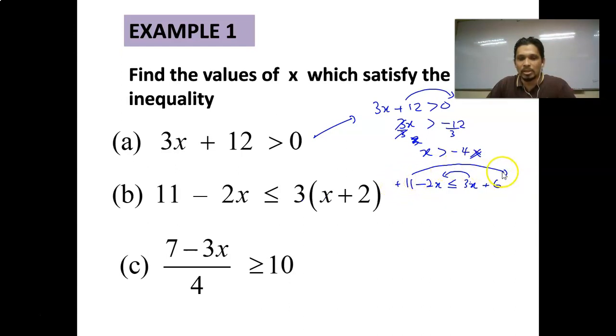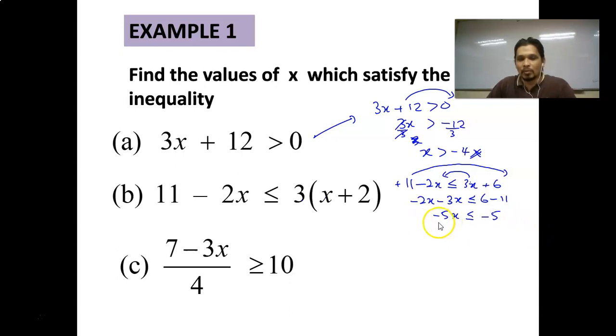When you change the position from left to right, the positive will turn into negative. So negative 2x minus 3x less than or equal to 6 minus 11. So negative 2x minus 3x, negative 5x less than or equal to 6 minus 11, negative 5.